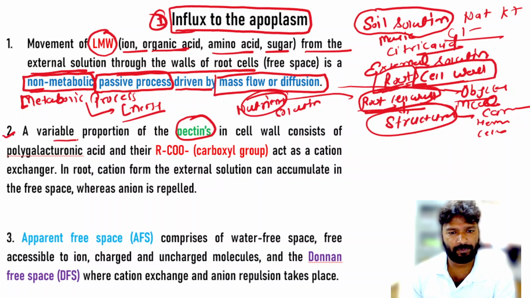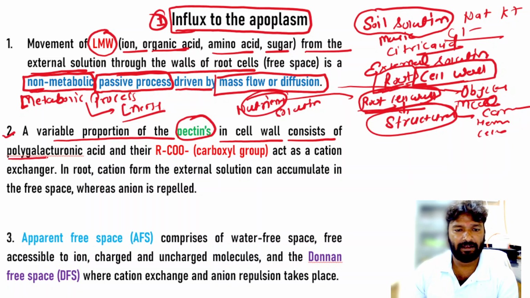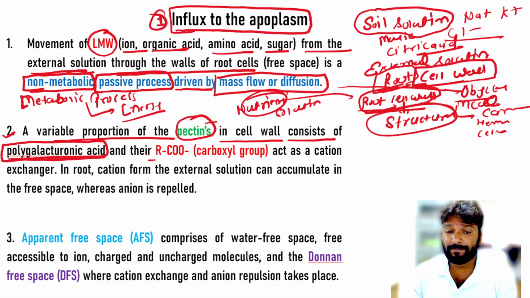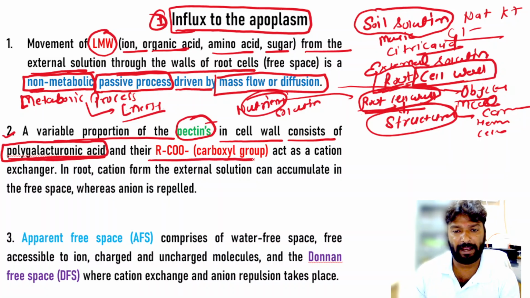A variable proportion of the pectins in the cell wall consists of polygalacturonic acids. So what do pectins contain? They are made up of polygalacturonic acids and contain the RCOO minus group.